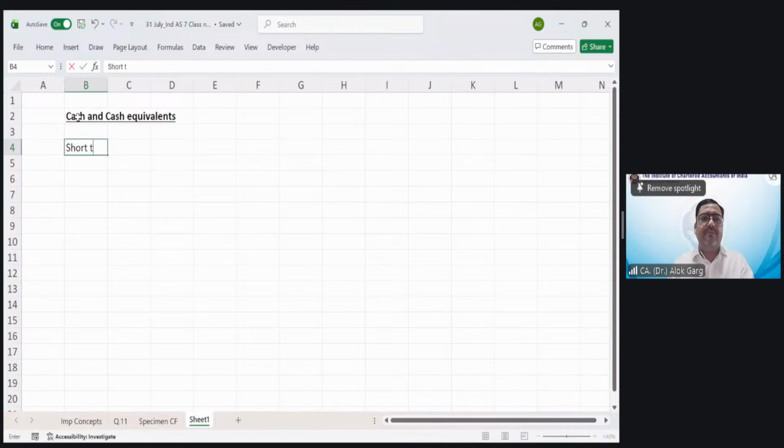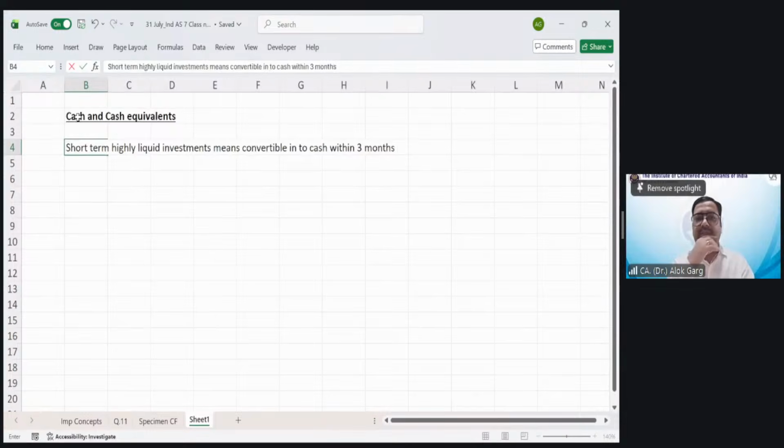So short-term highly liquid investment means convertible into cash within 3 months, right?